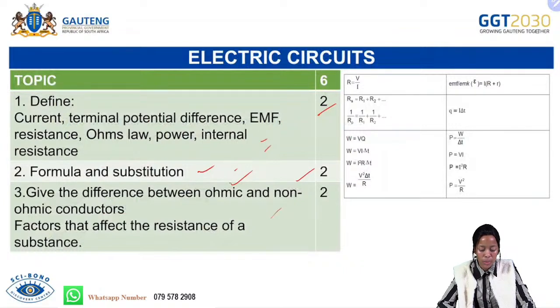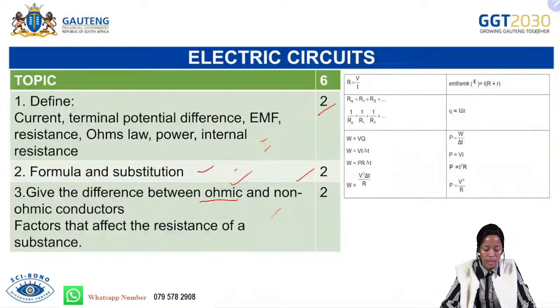Okay, so again, with the ohmic conductor and that graph, you must just make sure that you are able to calculate the gradient there, because we know that for this one, the gradient is given by the resistance.